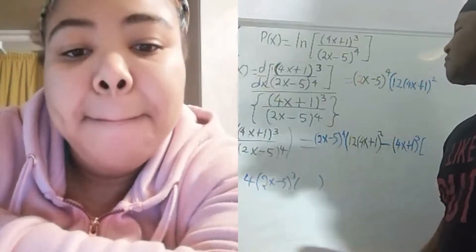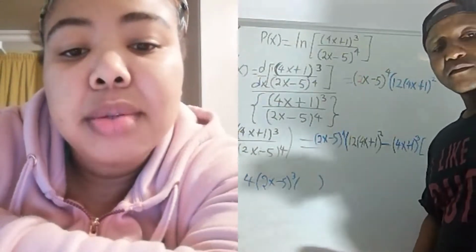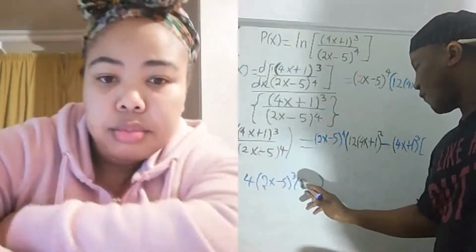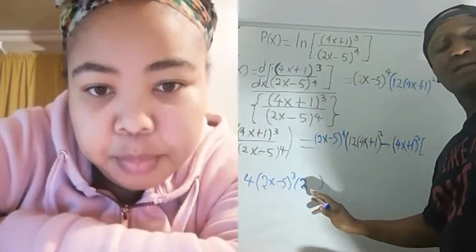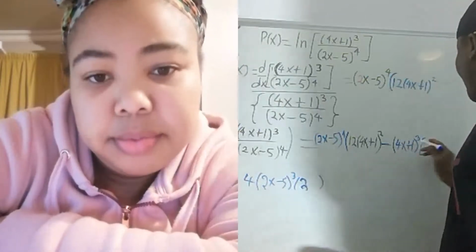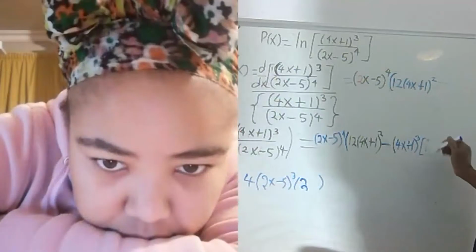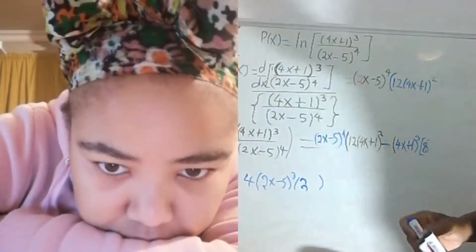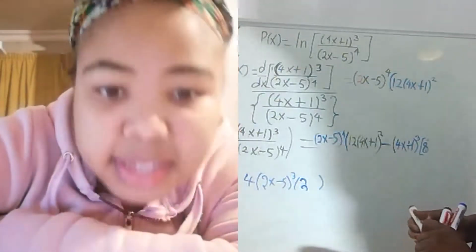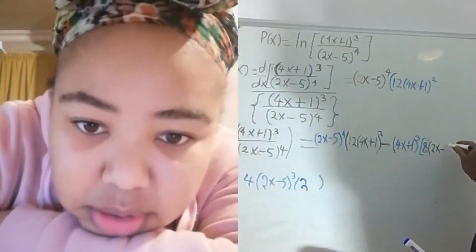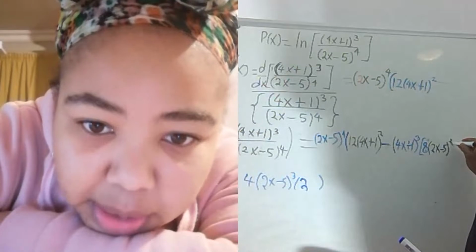And then you bring it down, and then it's going to be 2. 4 times 2 equals 8. So this is going to be 8, open bracket, 2x minus 5, to the power 3.